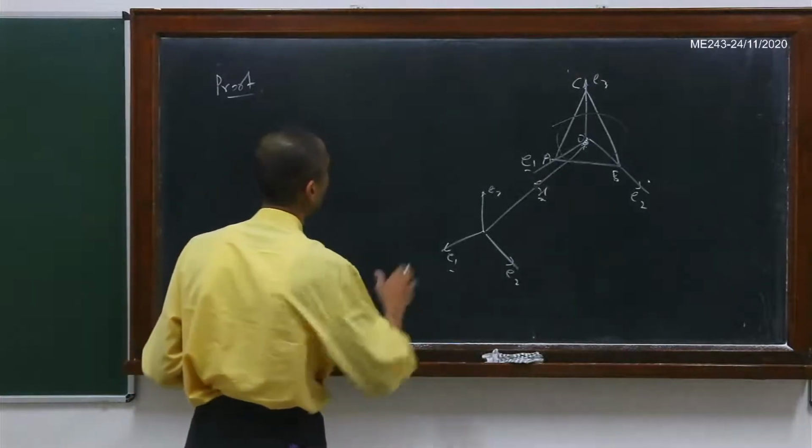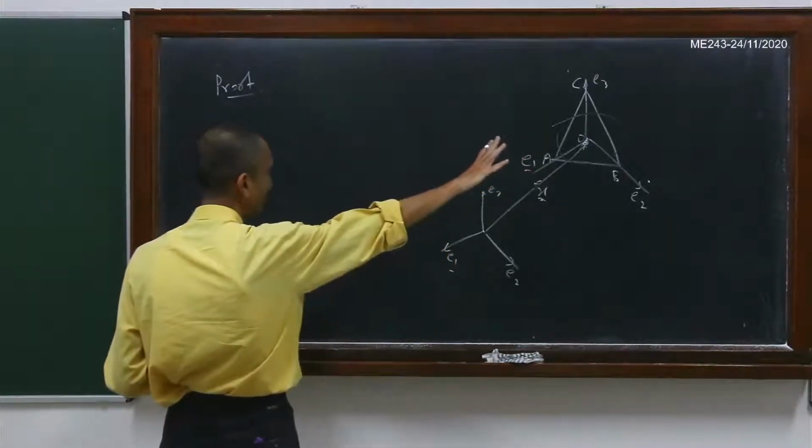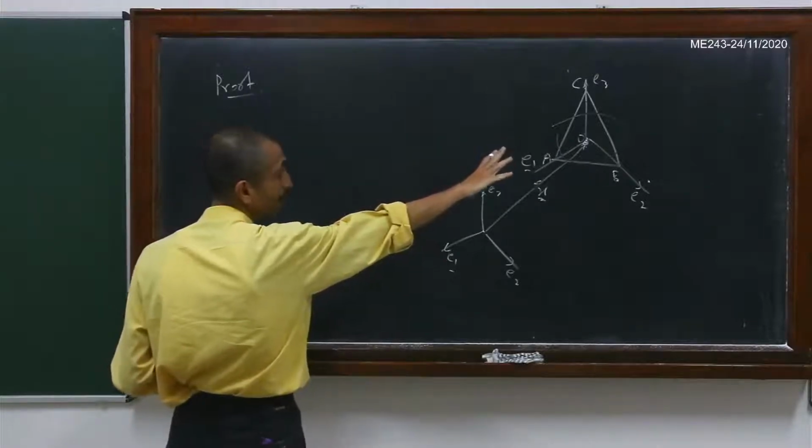So basically we apply the balance of linear momentum to this tetrahedron here.